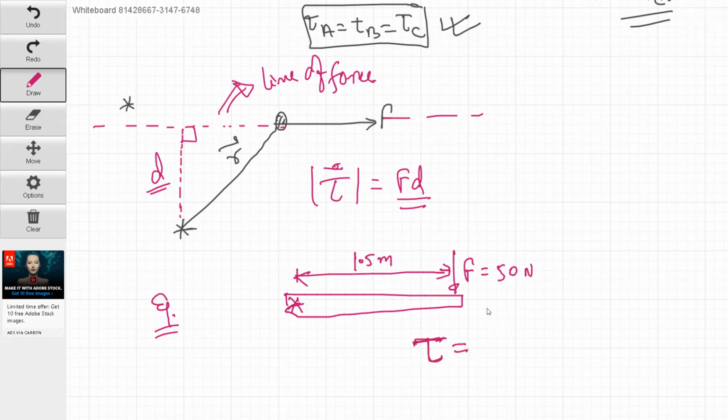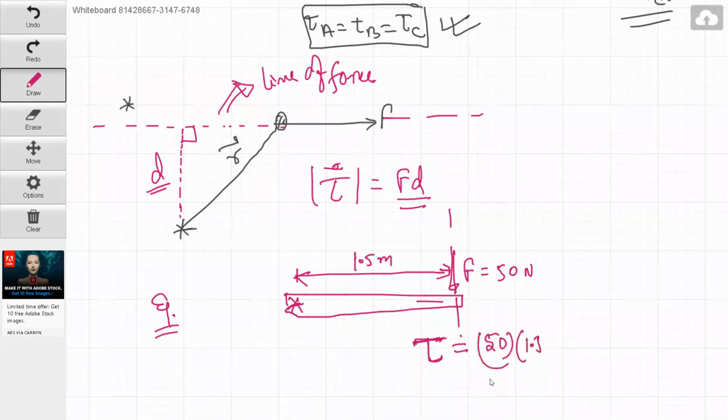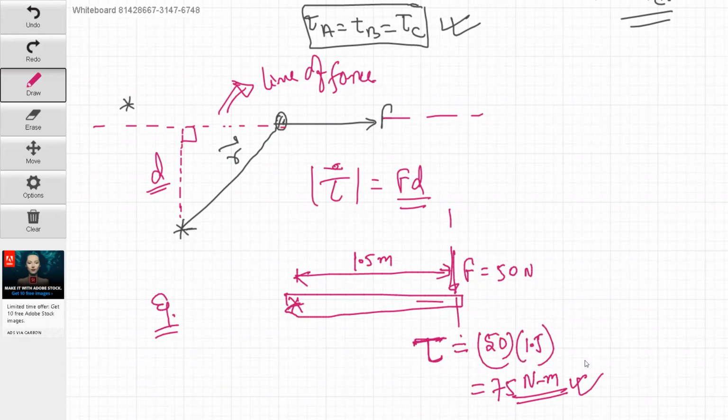This is the line of force and the perpendicular distance is 1.5. So torque is equal to 50 into 1.5, that is equal to 75 Newton meter. Hope you understand. Is this all right? Do it first.